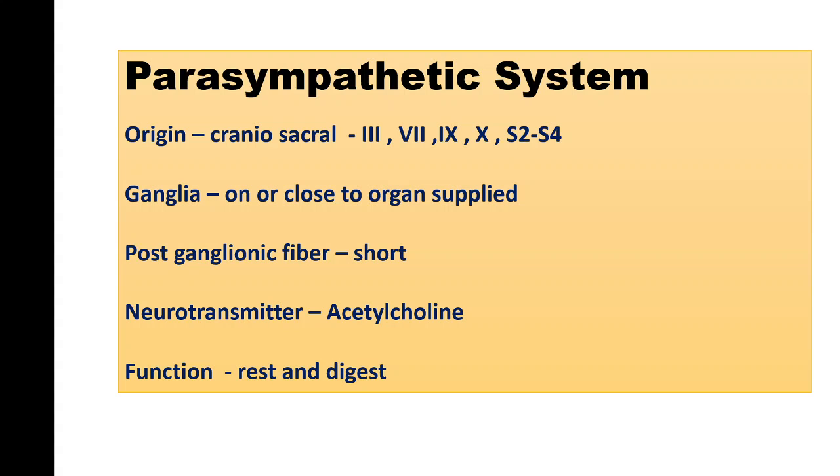So we have seen sympathetic and parasympathetic system. Parasympathetic system origin is from craniosacral: cranial nerves 3, 7, 9, 10 and sacral nerves S2 to S4. In case of sympathetic system, it was thoracolumbar or dorsolumbar.